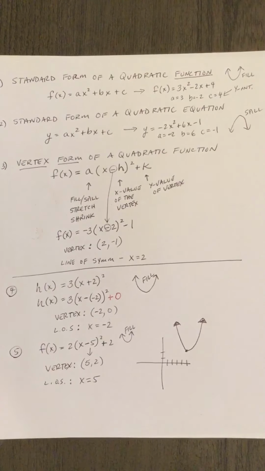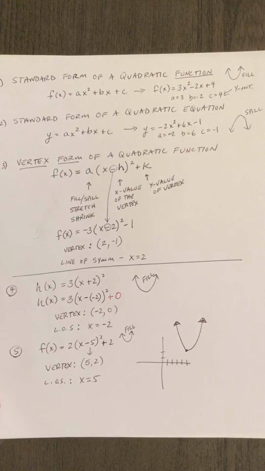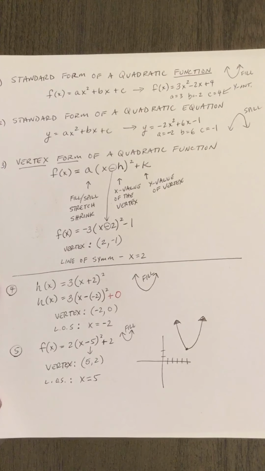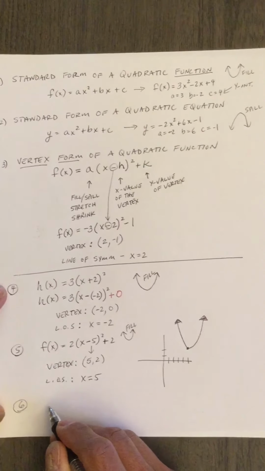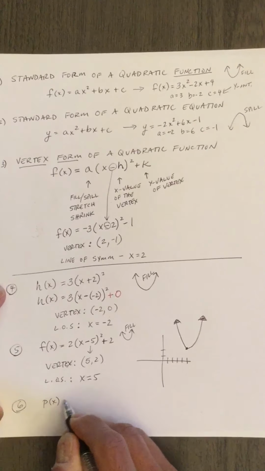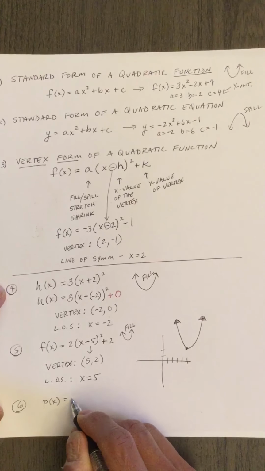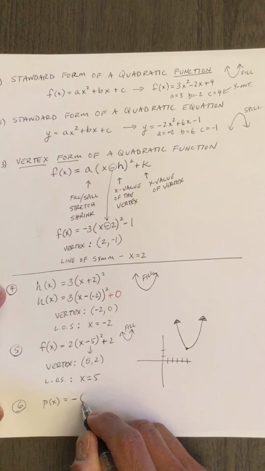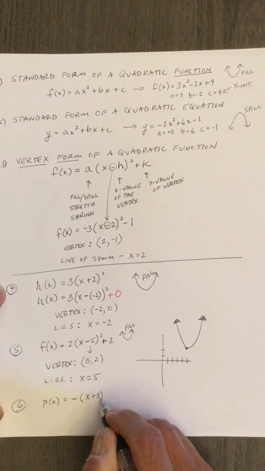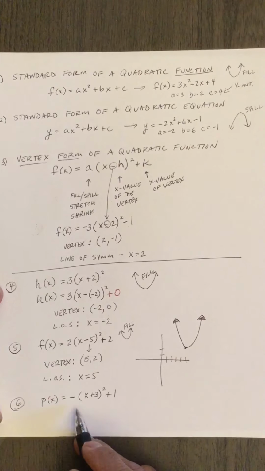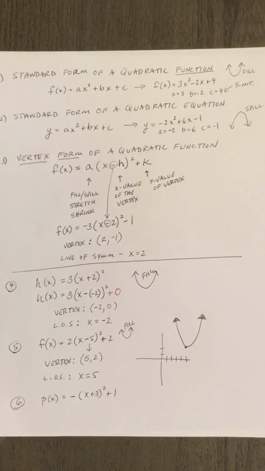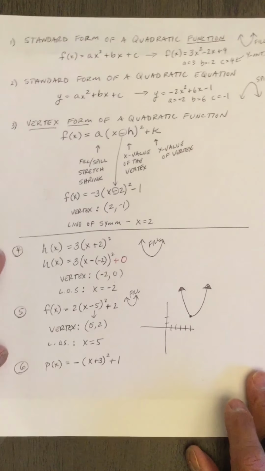So here are 2 examples. I can do one more really quick. Let's do one like this. P of x equals, there's a negative sign in front, (x plus 3) squared plus 1. Now to get the vertex, remember I told you guys that I was going to show you a shortcut.